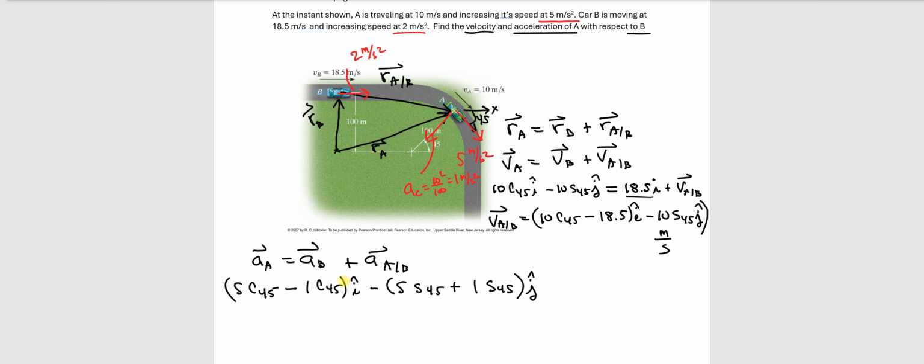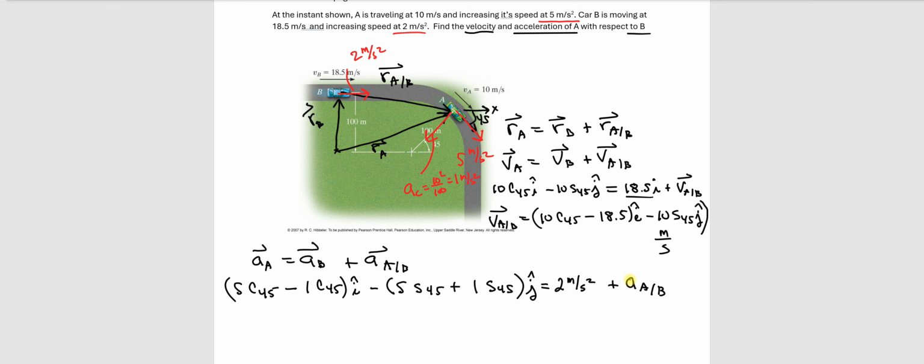So this entire thing is the acceleration of car A in unit vector form. It equals the acceleration of car B. B only has that 2 meters per second squared to the right, in the i direction. The rest is plus the acceleration of A with respect to B. Oops, I put the vector symbol in the wrong place.